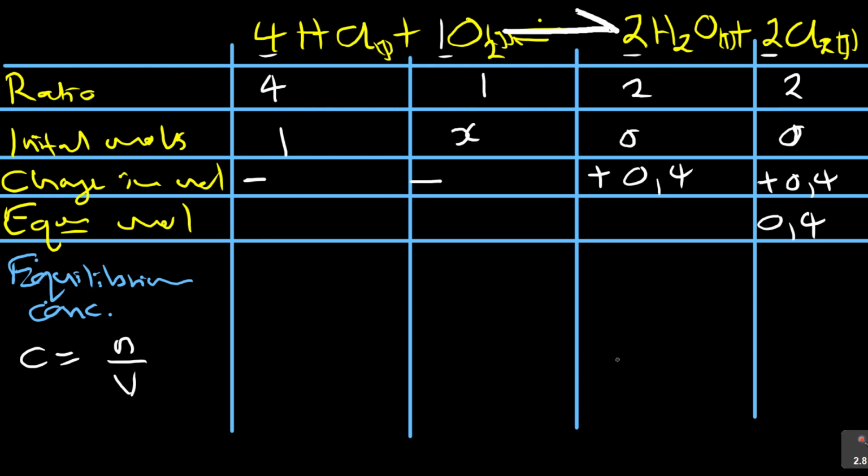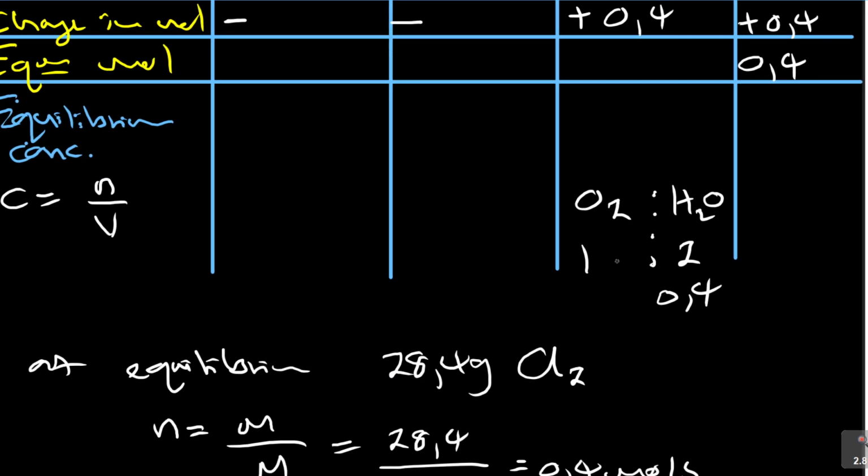Look at oxygen is to water. What is the ratio? 1 is to 2, meaning for every 1 of oxygen I get 2 of water. What about 0.4 of water? It will give me half of oxygen, 0.2, you see. So that I say 0.2 times 2, twice I get that.